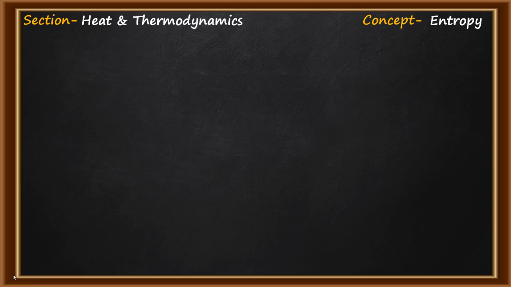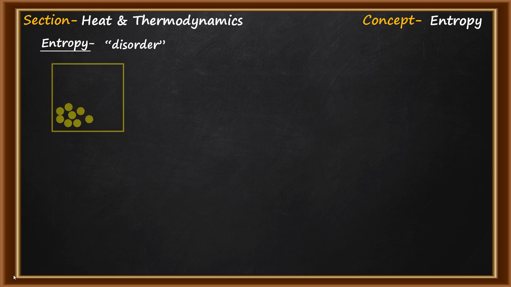So let's get started. This question comes from the section Heat and Thermodynamics, and the concept involved here is entropy. So first of all, what is entropy? In common terms, it means disorder or chaos. But in physics, to understand entropy, visualize a system where there are a certain number of atoms.